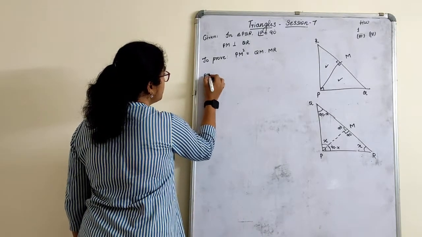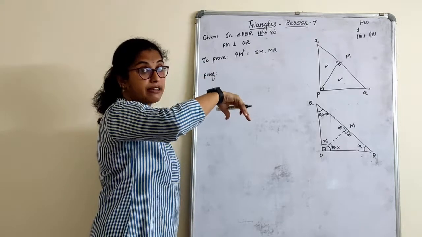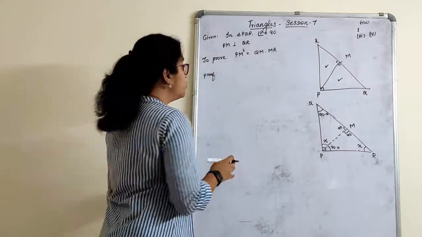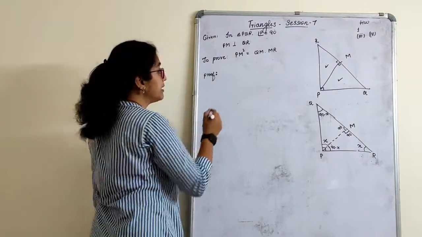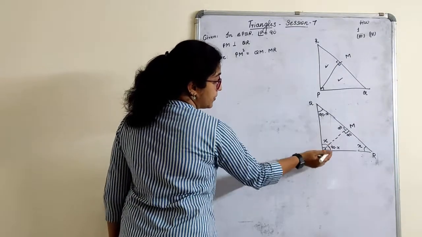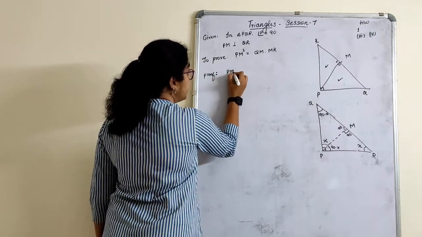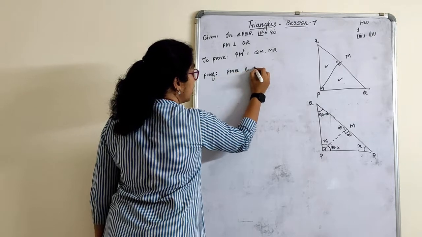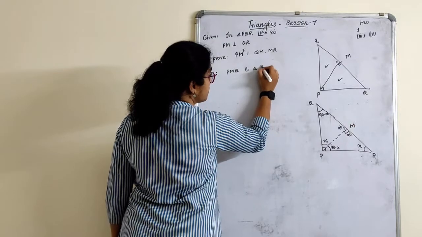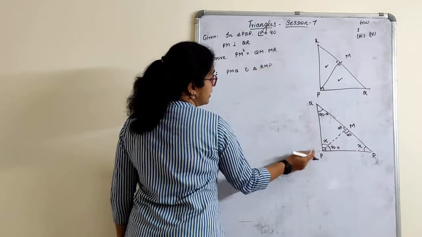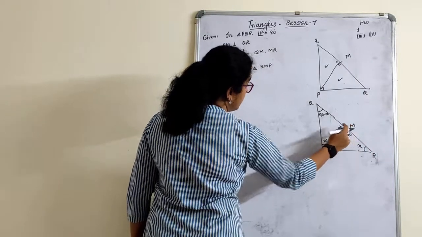So, proof. Now you understood, because we are choosing two different triangles. If it is a part of a triangle, it is very easy for us to write the AA criteria because we get that one common angle. Choose the triangles. I use this figure now. In triangle PMQ and triangle RMP.